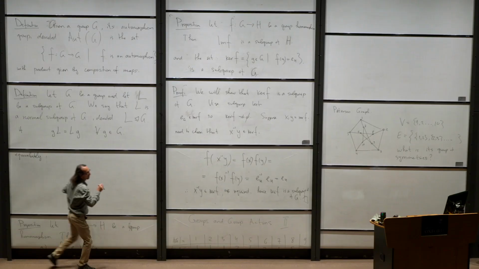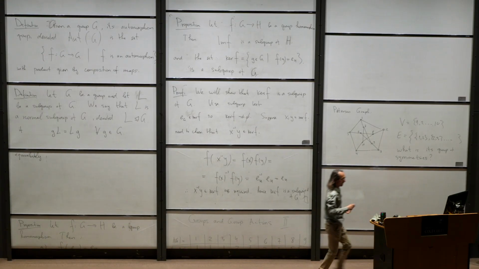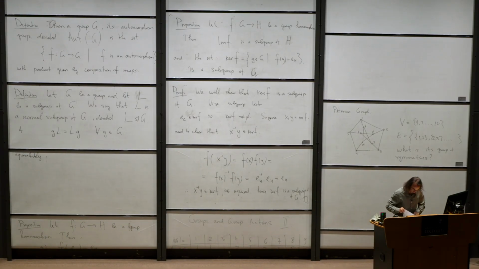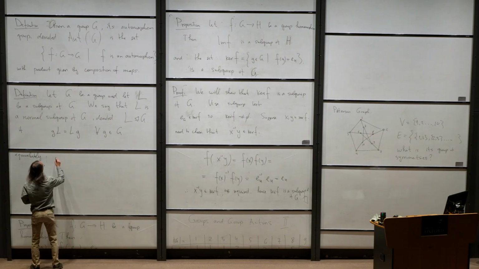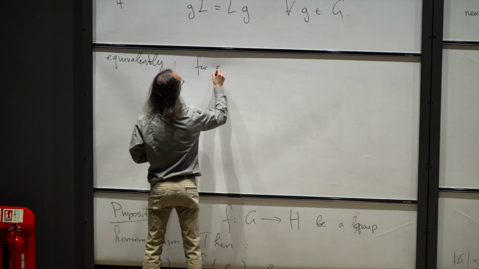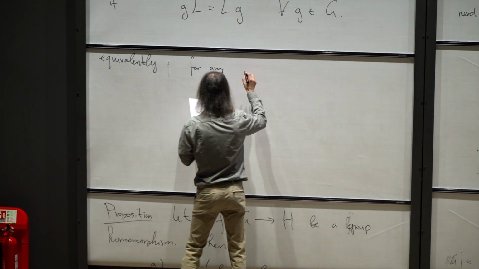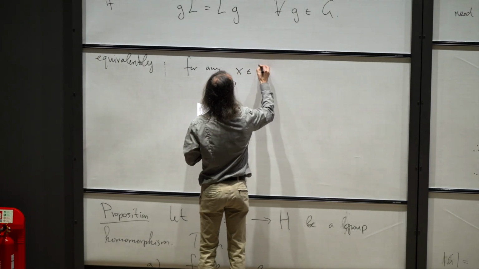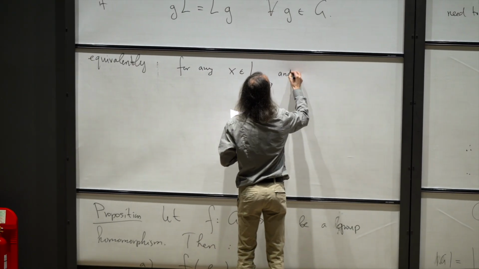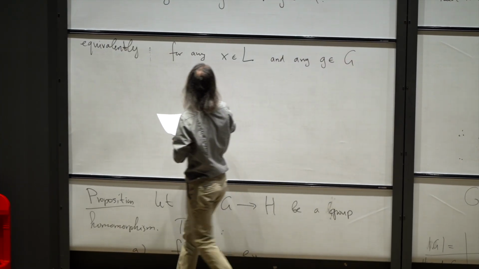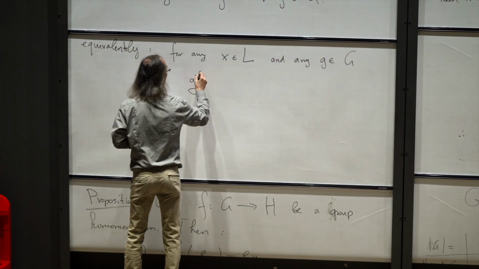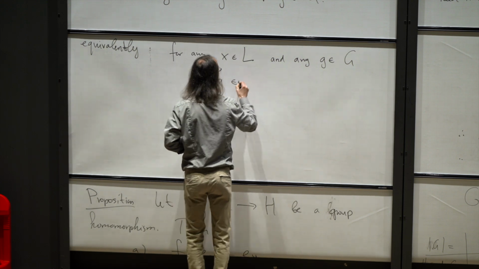Equivalently, the statement, let me just get it right. For any x in L and any g in G, the conjugate g inverse xg is in L as well.